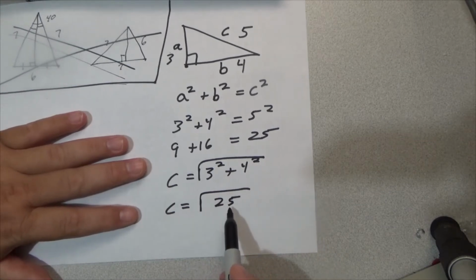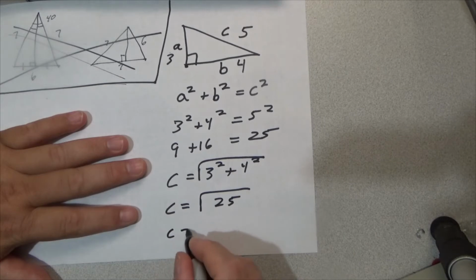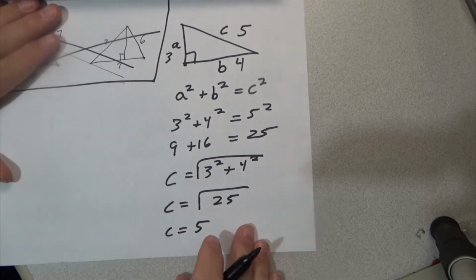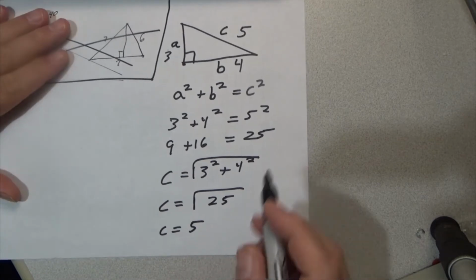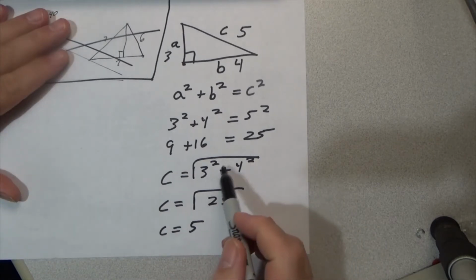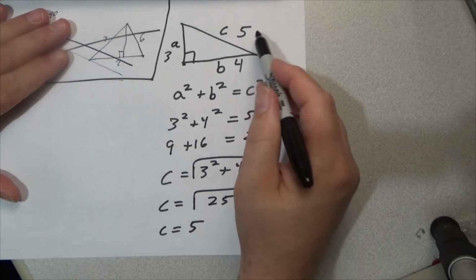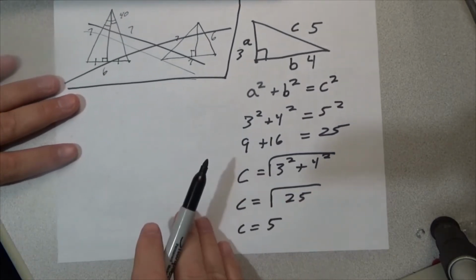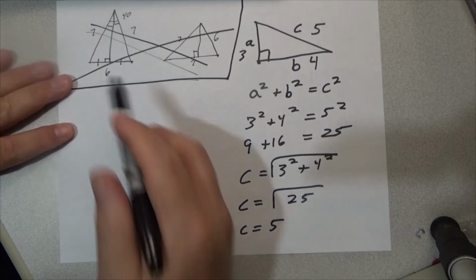The square root of 25 is 5, so C is equal to 5. Now, I already knew this, but my purpose for doing this was to prove to myself that this equation works, because I know that that should be 5.